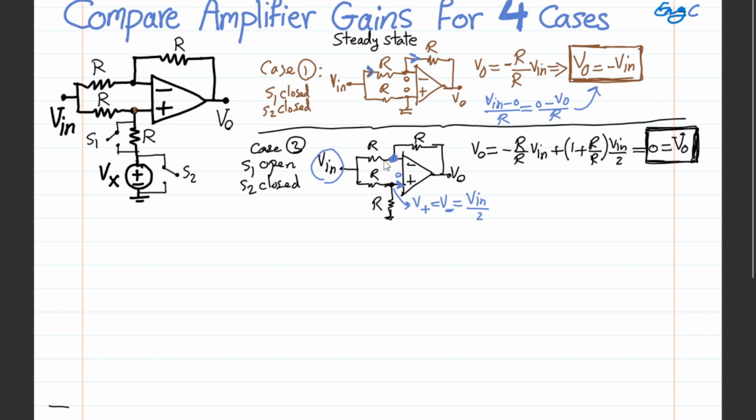I can just write a simple KCL because whatever current goes in, that current should also go through the feedback resistor because again, no current goes through the input terminal of an ideal op amp with infinite impedance.